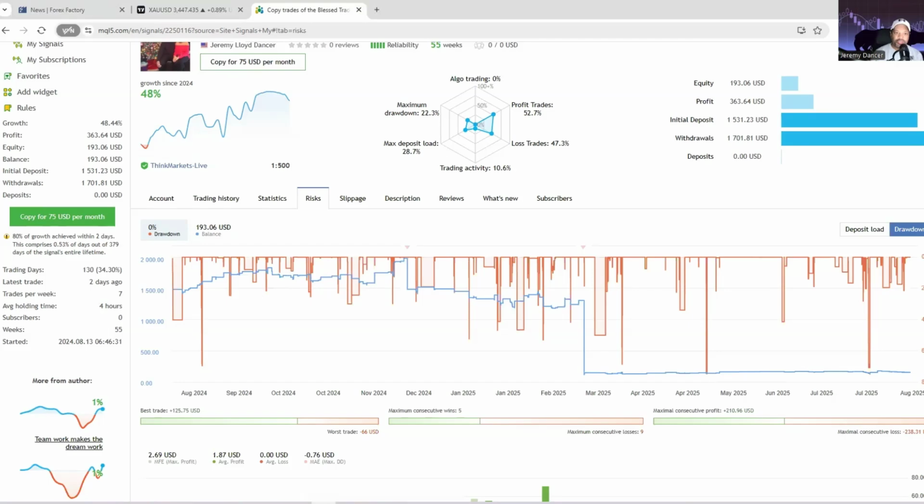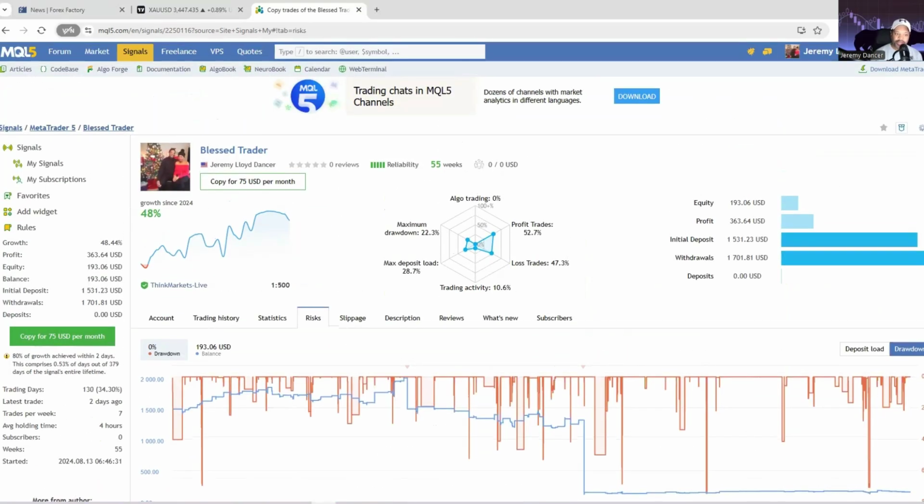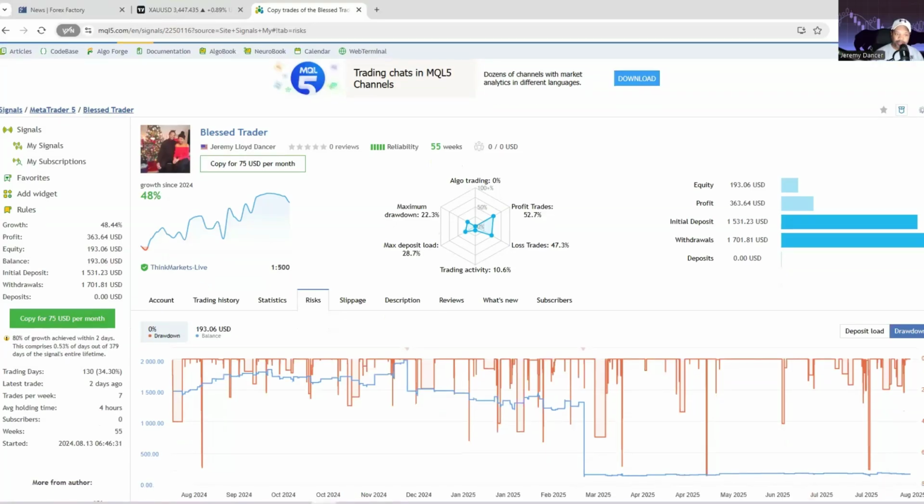So your drawdown is going to be higher than you would like most of the time, especially if you're trying to grow it. Because if you have a balance of $100, for example, $1 is 1%. So just risking $5 is 5%, right? So even though it may not be a lot of money, when MQL5 tracks it, then it obviously looks bad.